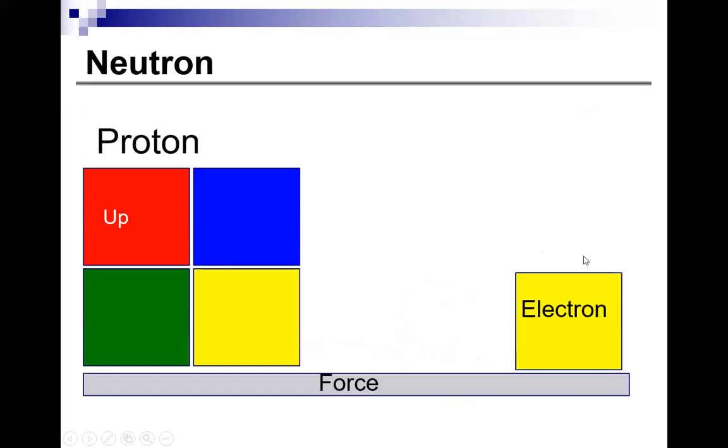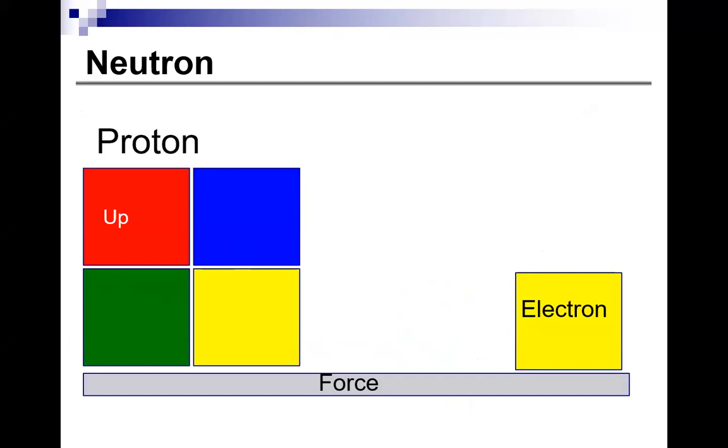Today's not that day. Protons and neutrons have approximately the same atomic mass, that 1 atomic mass unit. Electrons are significantly smaller. When you compare the weight of an electron to the weight of a proton or a neutron, that weight is negligible.